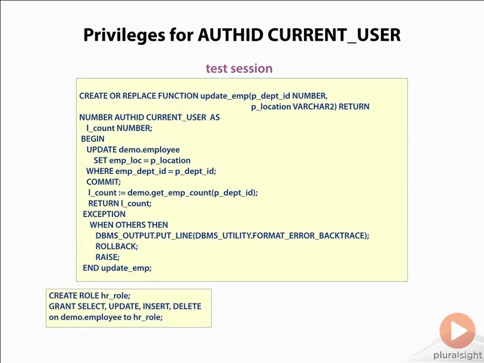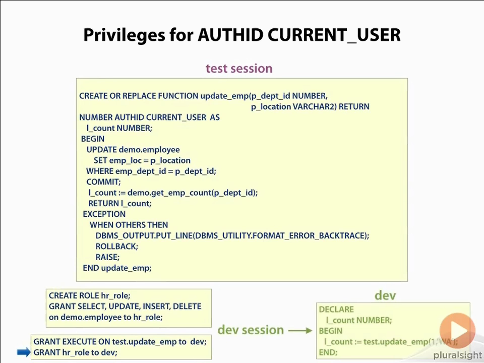Now let us say we create a role, HR role, to which we grant select, update, insert, delete on the demo.employee table. Say we have another user dev in our system to whom we assign the execute privileges on the test.updateEMP function. We also grant the HR role to dev through which it gets the privileges on the demo.employee table.